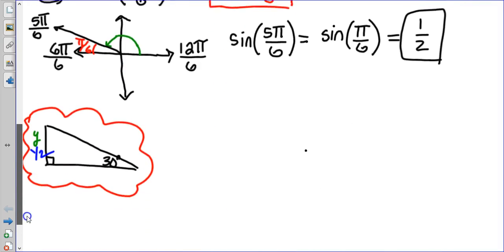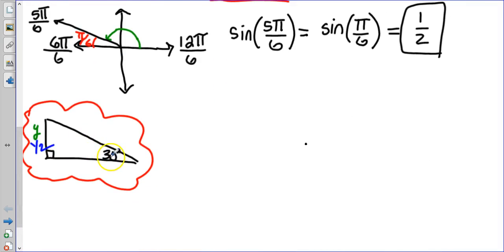Same thing down here with the 30-degree triangle. Opposite is the vertical, the y side. Opposite 30, short. Adjacent, which is going to sit right on the x-axis, this would always be root 3 over 2. So if I had asked you for the cosine of pi over 6, I would think to myself, cosine, adjacent side, x-axis, long side.